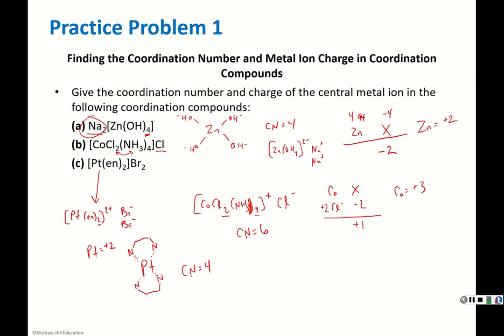Just remember that for things like en and EDTA, where you have multiple binding spots, the coordination number is the number of connection points, not just the number that you see in that formula.